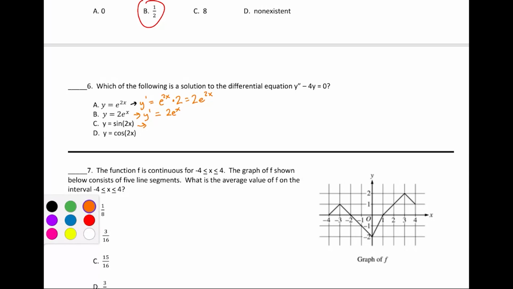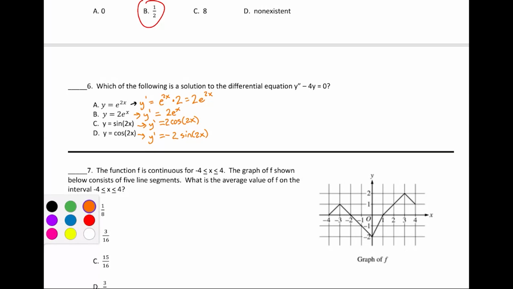If y is sine of 2x, then y prime is going to be the derivative of sine, which is cosine, times the derivative of 2x, which is 2. I'm just going to throw that in the front. And then finally, the derivative of cosine is negative sine. So we're going to have negative sine of 2x times the derivative of 2x, which is 2. And we're going to test each one of these.